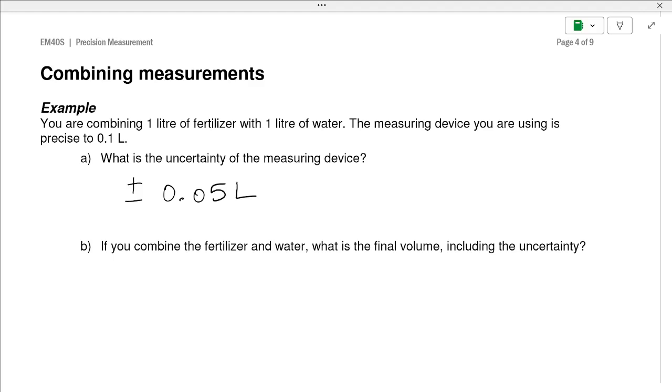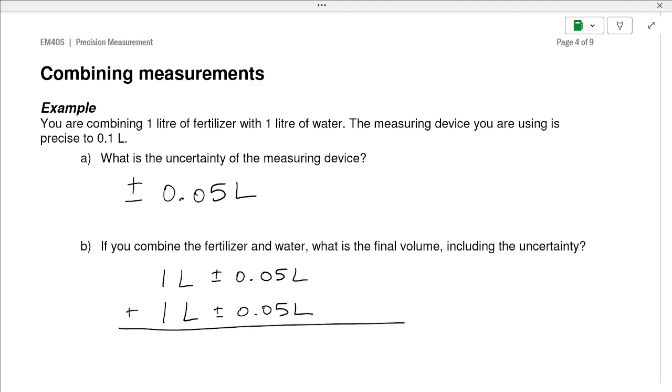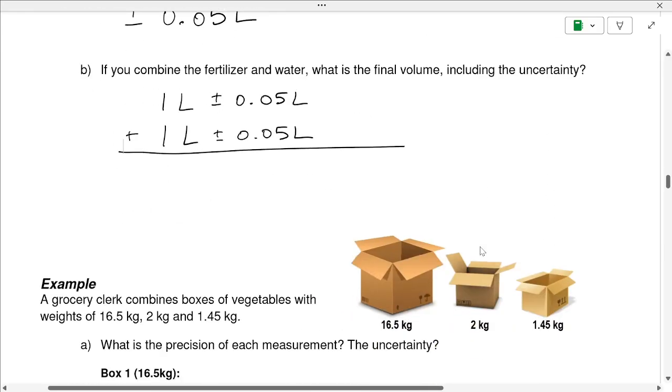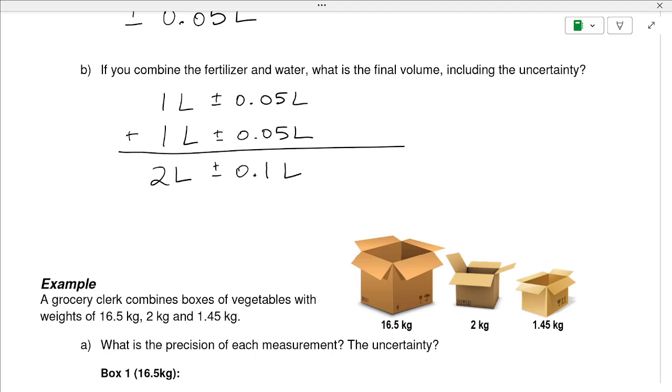So if I combine them, I say, well, I'm adding 1 liter of water to 1 liter of fertilizer, and the water's measurement could be off by this much, and the fertilizer's measurement could be off by this much. So that means I have to add the uncertainties together as well as the numbers. 1 liter plus 1 liter means that I should have 2 liters, but the uncertainty adds. 0.05 plus 0.05 is 0.1. So that would be the uncertainty of my calculation.